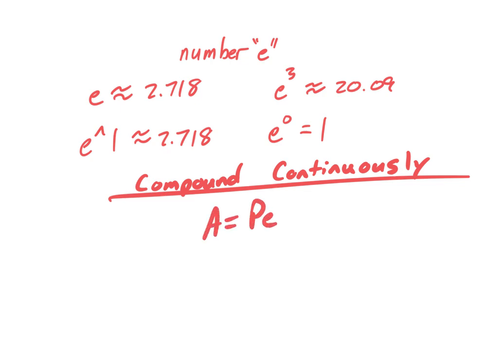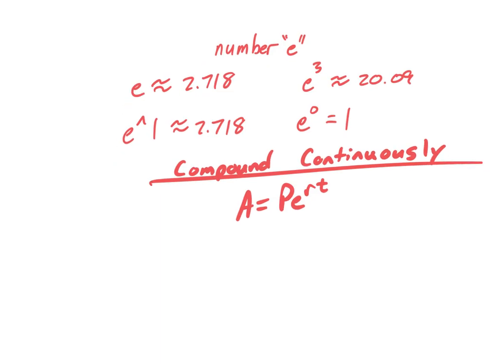The formula for this, I call it the PERT formula, because that's kind of the way it's spelled out, but it has the number e in it, okay, and it works the same way as our last one. P is still the principal, e is now the number e, r is still your rate, t is still your time.